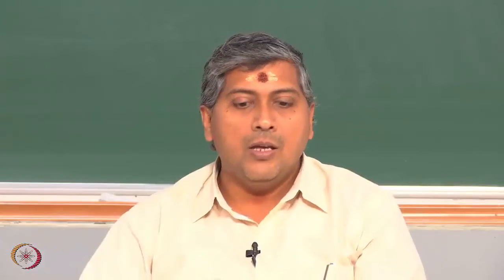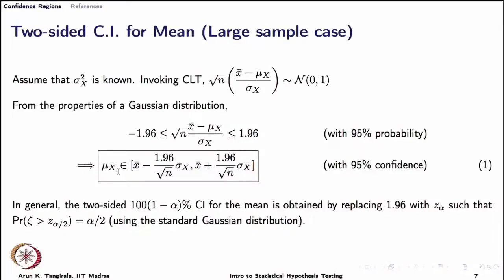Step 1 was choosing the estimator, which is the sample mean. Step 2 was writing the sampling distribution, which we wrote already, saying that the standardized sample mean follows a standard Gaussian distribution. Step 3 is to write the probabilistic interval, and we are only one step away from constructing the confidence region, which is step 4, and that is your equation 1 here, which shows the confidence region for the truth, which is mu x.